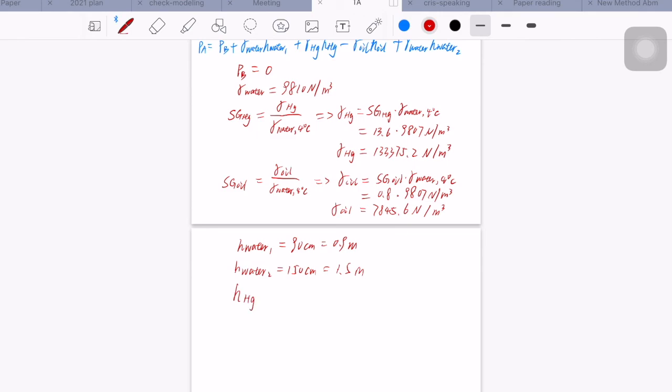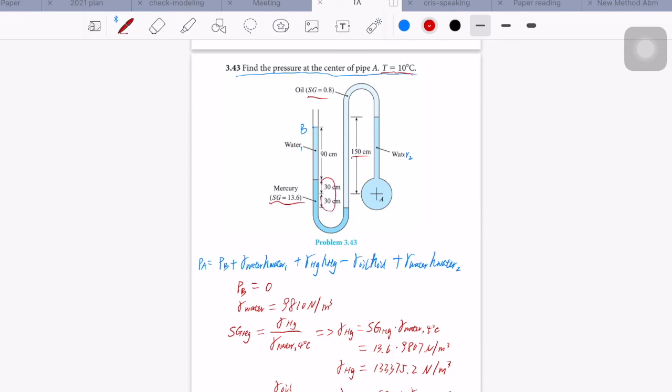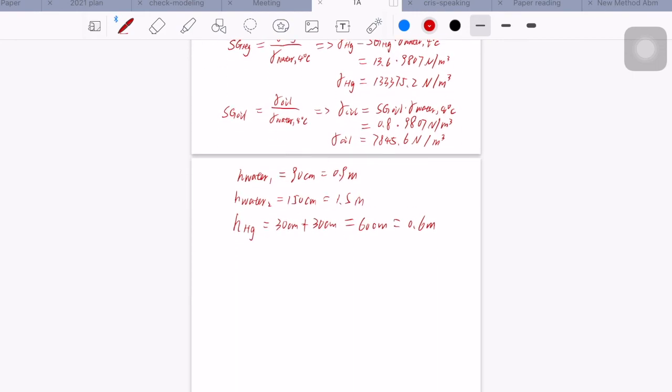H mercury should be equal to 30 centimeters plus 30 centimeters equals 60 centimeters equals 0.6 meters. And H oil should be equal to 30 centimeters plus 150 centimeters equals 180 centimeters equals 1.8 meters.